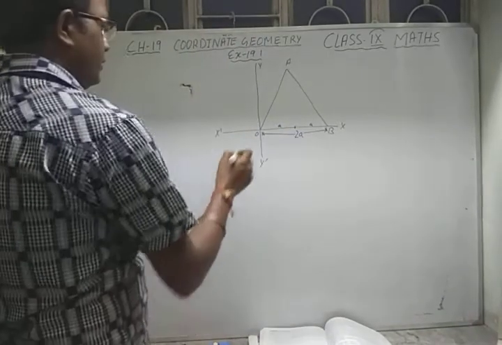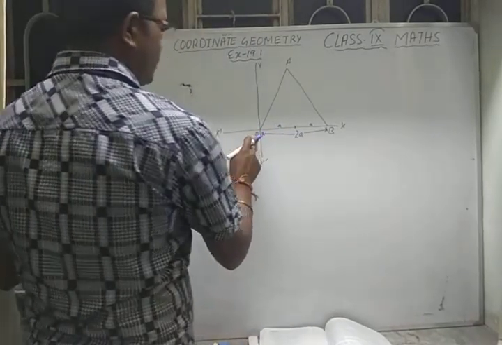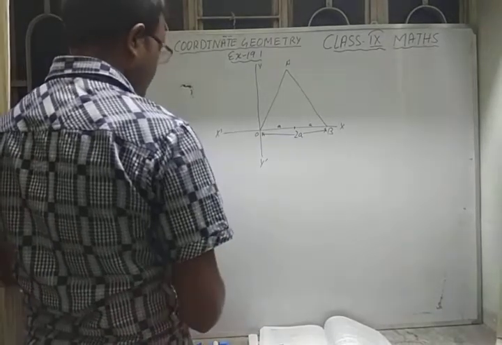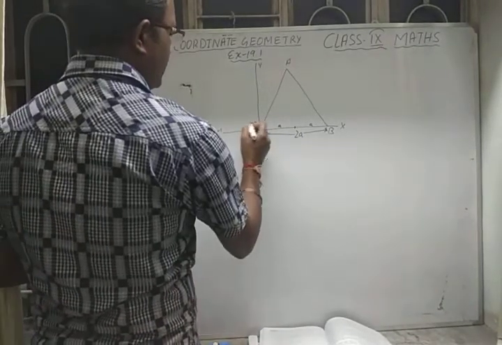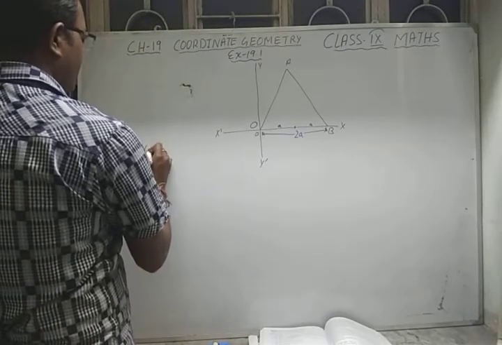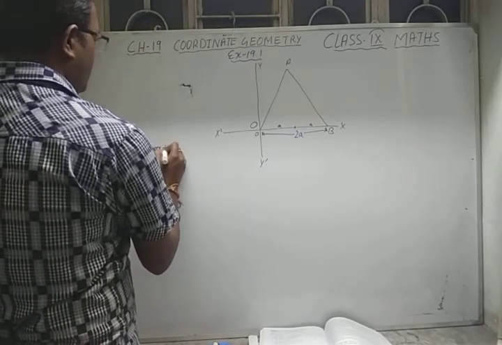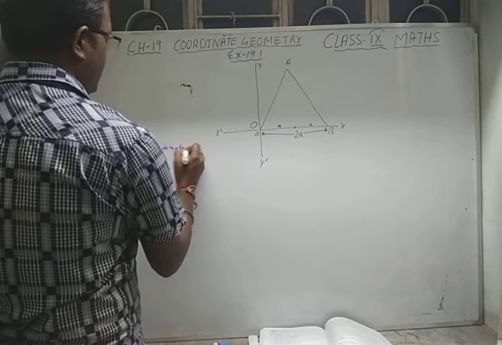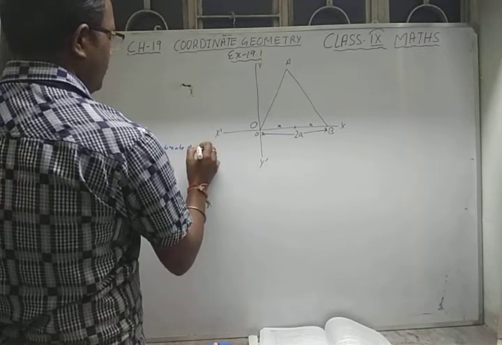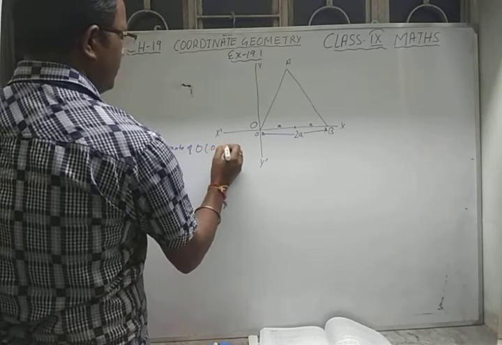So since it is the origin O, coordinate O lies in the origin, that means you can simply write the coordinate of O is 0, 0.